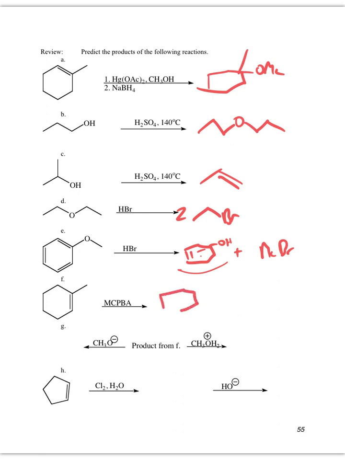MCPBA makes the epoxide. So we get the three-membered ring with the oxygen in it. And then with acid, it opens up to the more substituted carbon. With base, it opens up to the less substituted carbon.